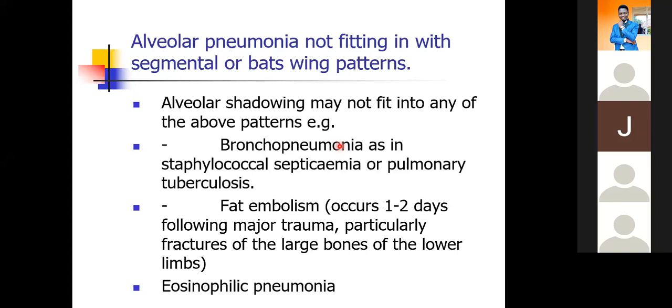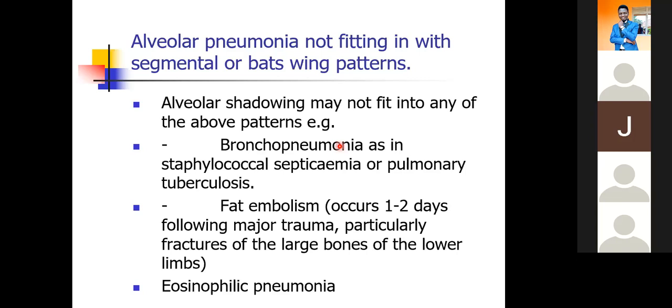So we have patches of opacities either within a lobe or diffusely throughout the lungs, but they don't become confluent. That is why we are using the word patchy. They don't become confluent, meaning in between those opacities, there are areas of normal lung tissue or normal lung aeration.